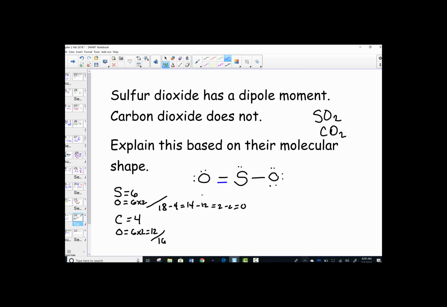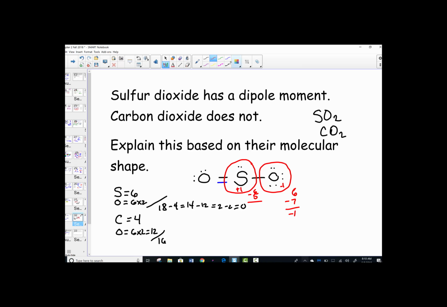So those are gone. And I still notice, based on formal charge, sulfur has 1, 2, 3, 4, 5 assigned electrons, lives in group 6, so it has a +1 formal charge. Based on formal charge over here, we see that oxygen lives in group 6. It has 7 assigned electrons, so that's a -1 formal charge.